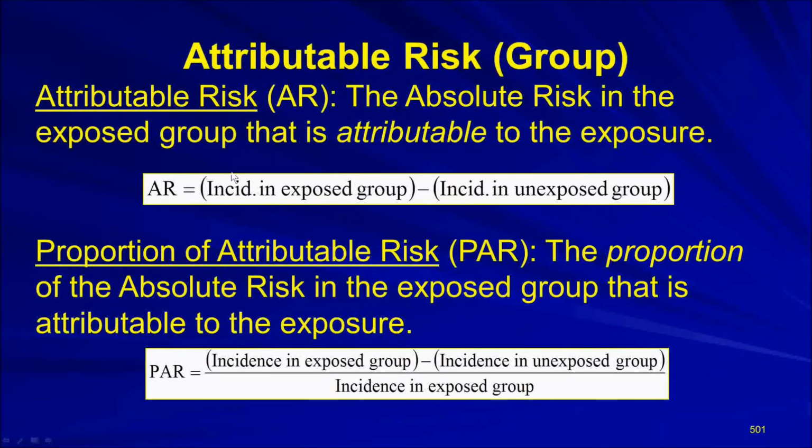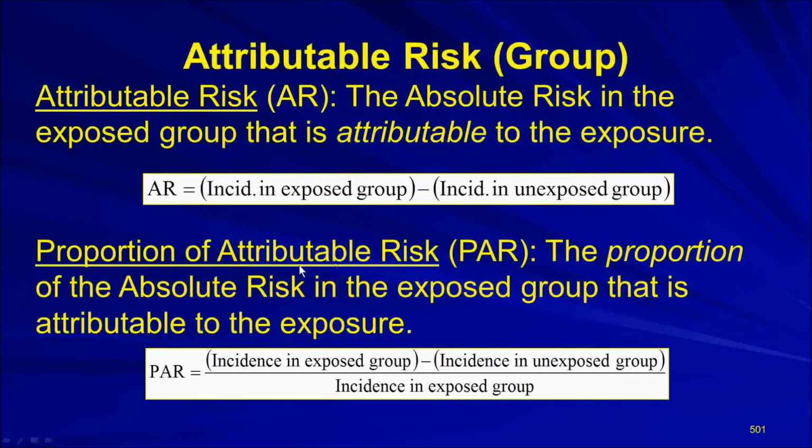So we're going to take the incidence in the exposed group minus the incidence in the unexposed group, and that's going to give us attributable risk, AR. Now these are group statistics. Just remember that.